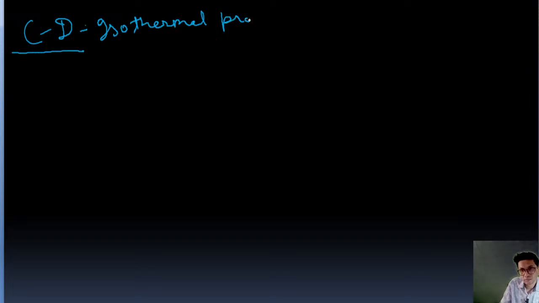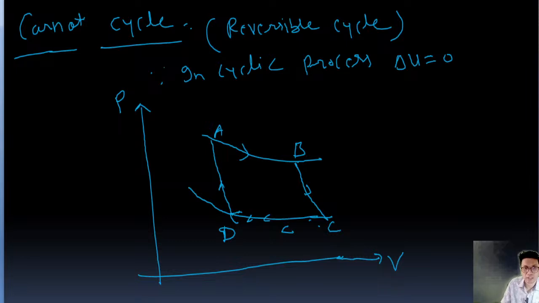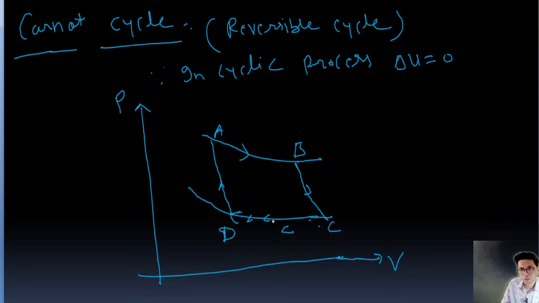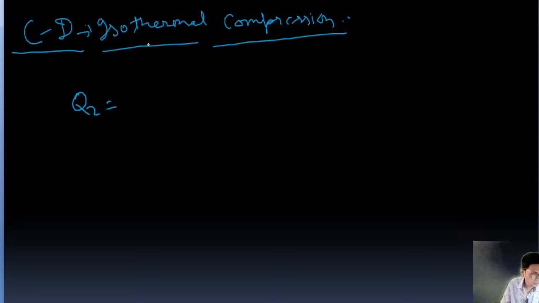C to D is isothermal compression. So Q2 is going to be minus nRT2 ln Vd upon Vc.